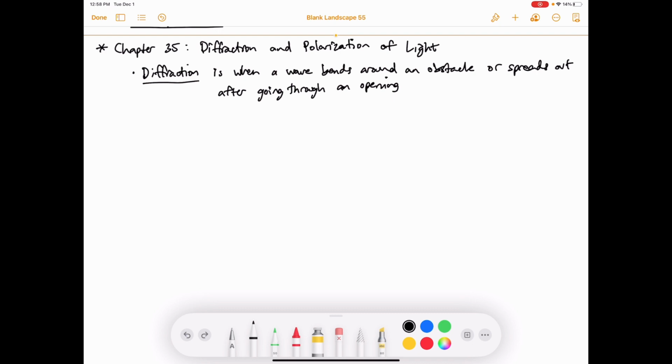One of the main tools that we used to analyze diffraction was a Phasor diagram. A Phasor diagram is a useful tool for seeing how waves add together. The basic idea is that a wave is represented by an arrow.